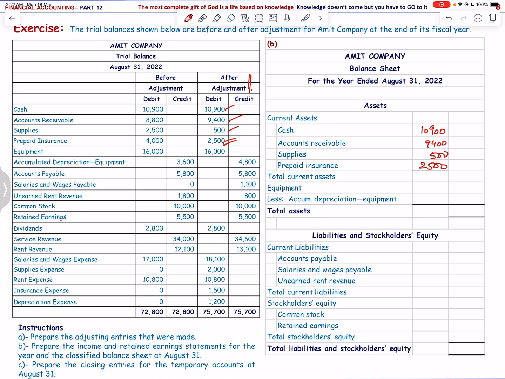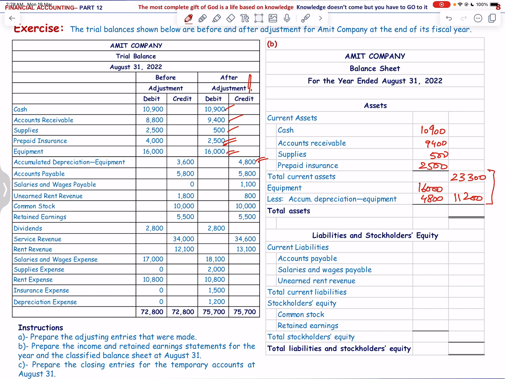Then equipment is 16,000. And from this we will subtract the accumulated depreciation, that is 4,800. So the value of equipment is 11,200, and the total assets will be the total of current assets and equipment, that is 34,500.